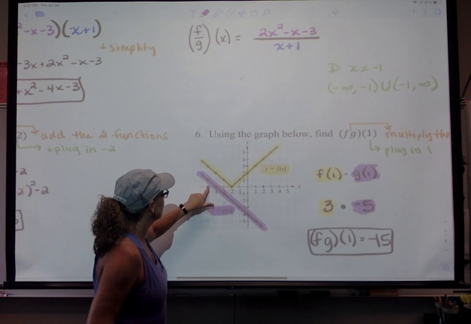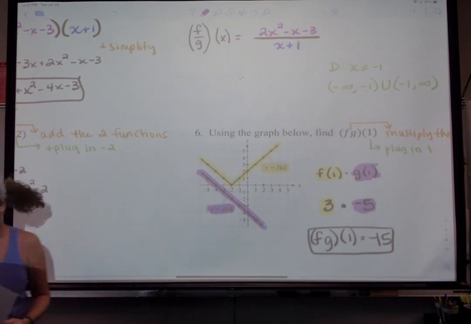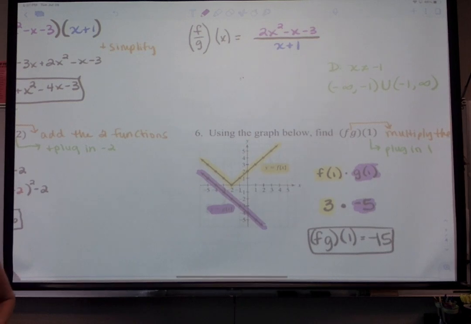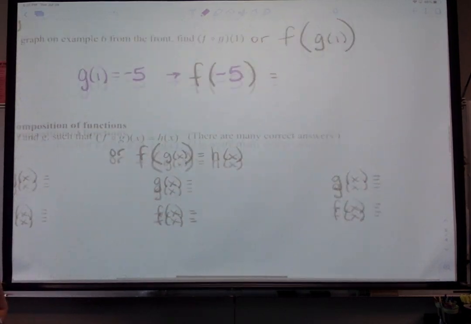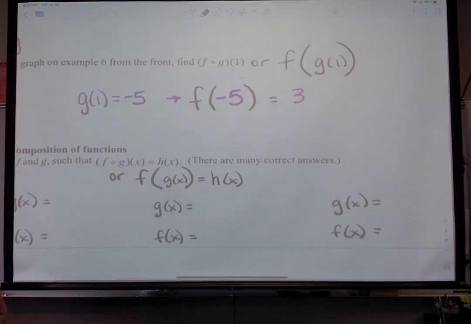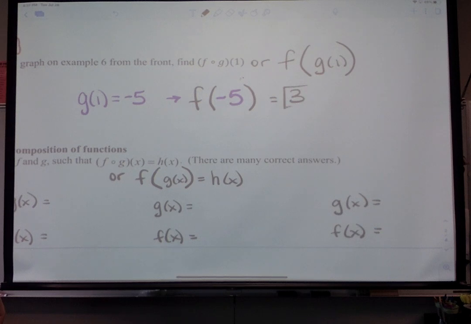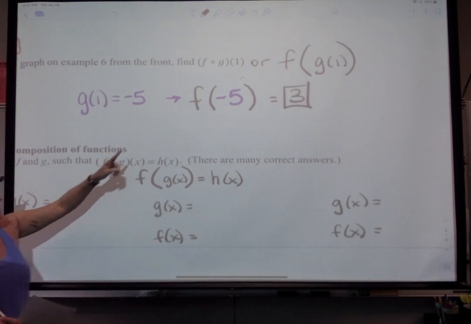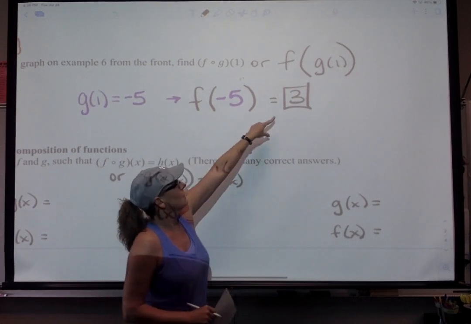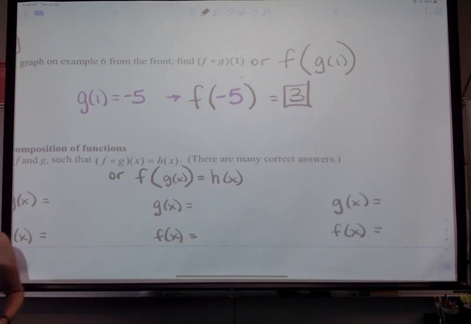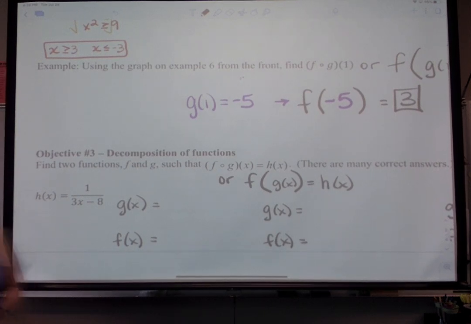When x is -5, y is +3. So I found g of 1, I got an answer for that, plugged it into f, and got an answer for that one.